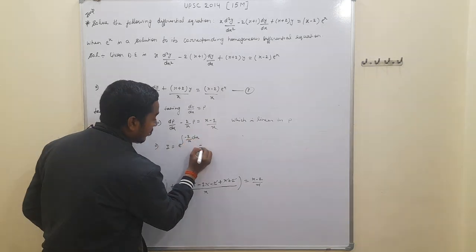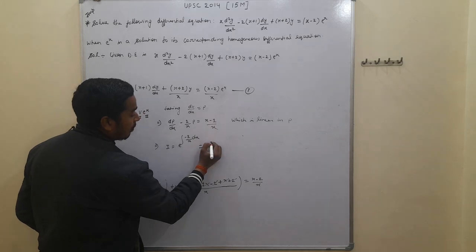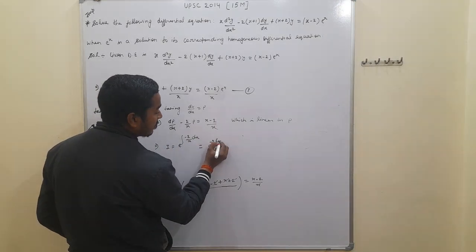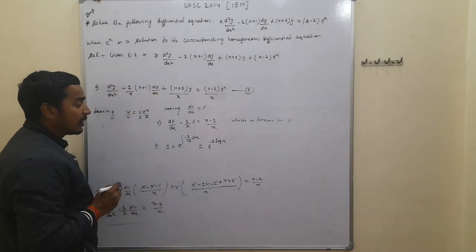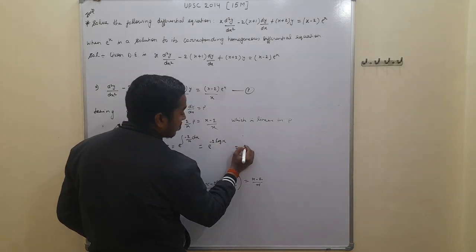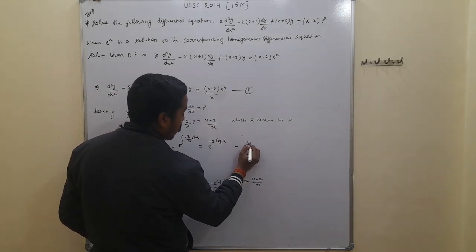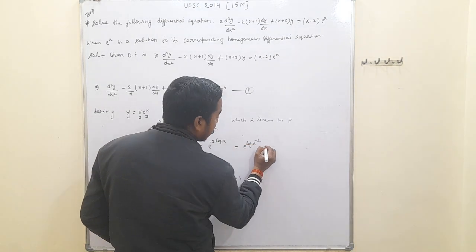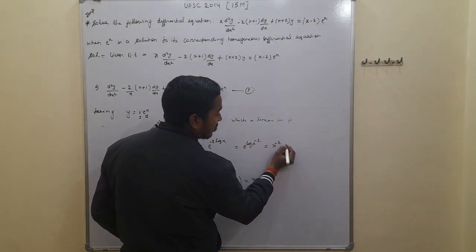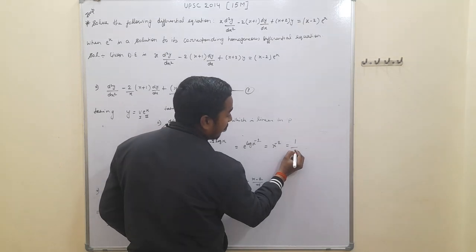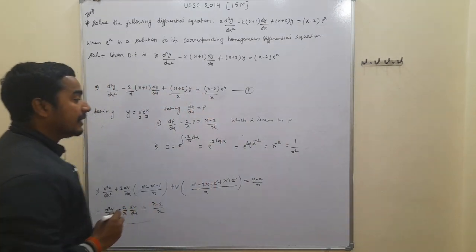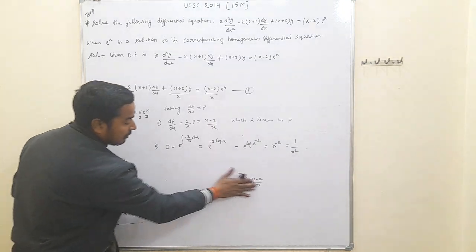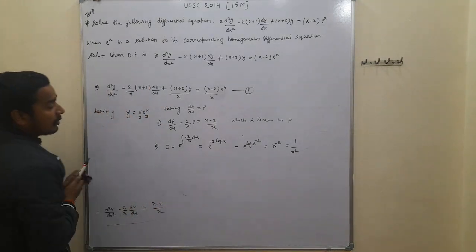This gives e to the power of, integral of dx/x is log x, this gives minus 2 log x, and with the property of log we can also write this is e to the power of log x to the power of minus 2, and from here this is given by x to the power of minus 2, and we can also write 1/x². This is the integrating factor, and we have to find the solution of the linear differential equation here.